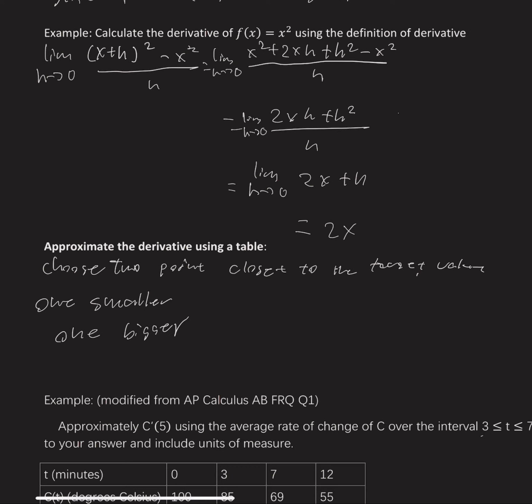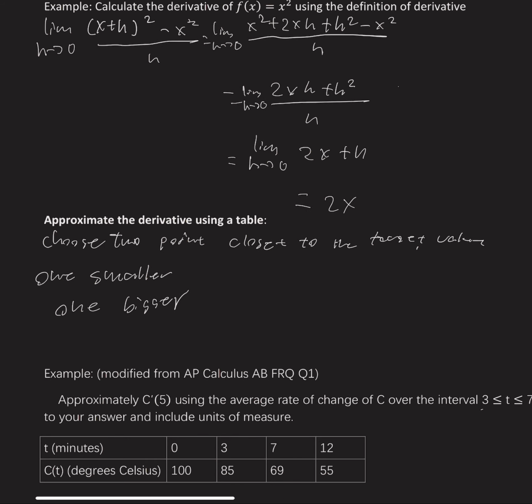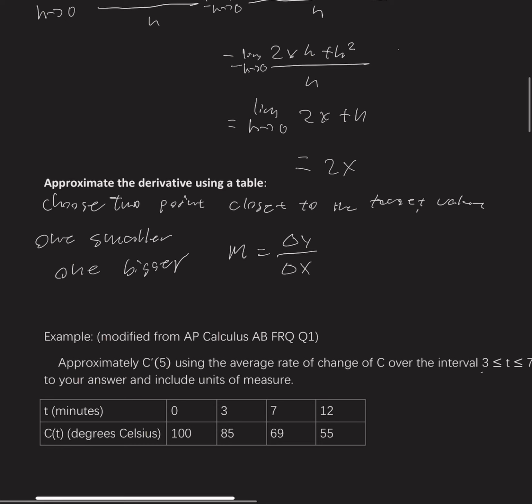And how do we calculate the derivative? Well, we're going to use the average rate of change, which is m equal to delta y over delta x. And we are using this data to approximate the derivative at that point. The smaller the difference, the more accurate the derivative is.